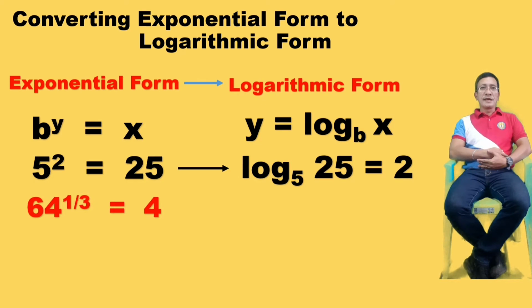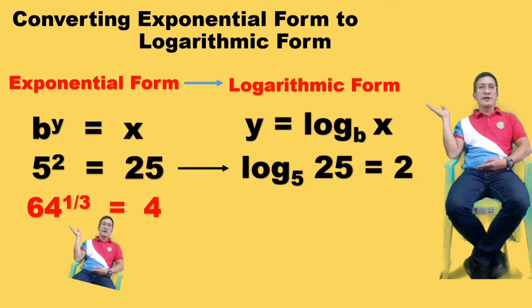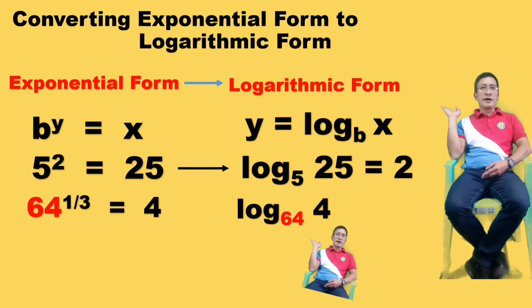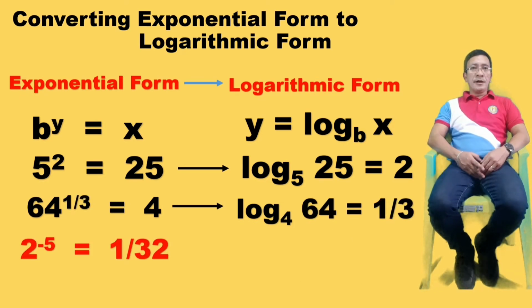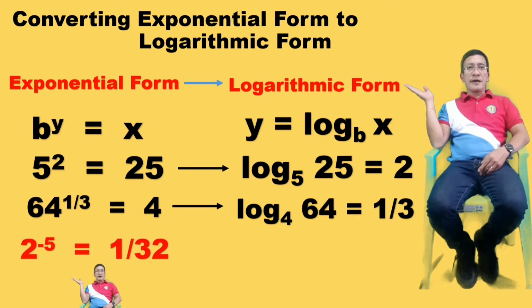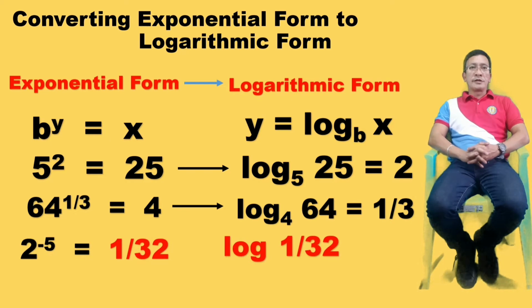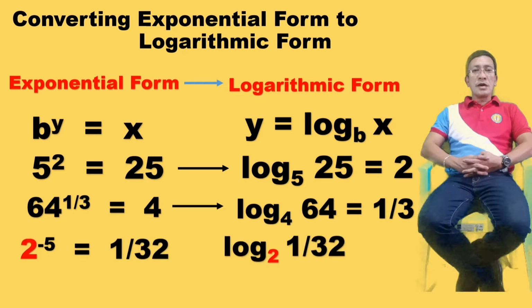Example number 2, 64 to the 1/3 equals 4 in logarithmic form is log of 4 with base 64 equals 1/3. Third example, 2 to the negative 5 equals 1/32 in logarithmic form is log of 1/32 with base 2 equals negative 5.